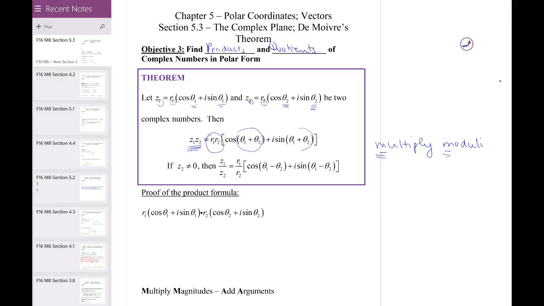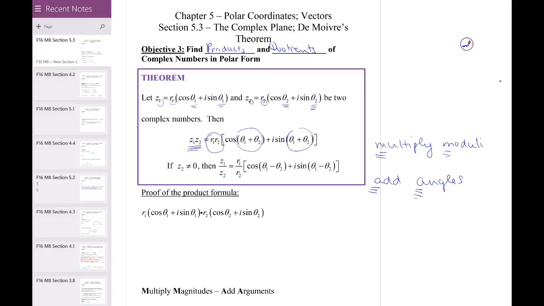Oh, and look what happens to the angles. Add angles. I find this a useful mnemonic device: multiply moduli, add angles. And we'll show why this is true in a minute.